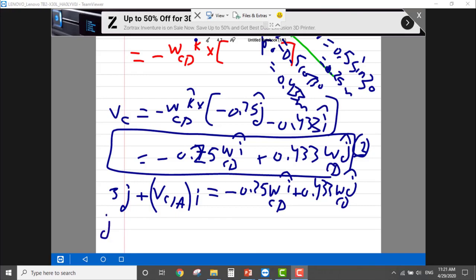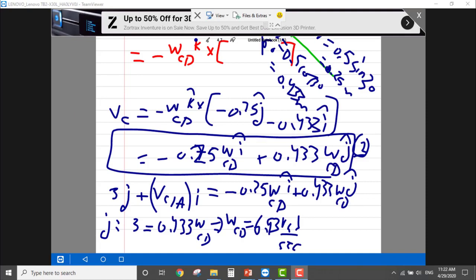In the J direction, on the left side we have 3, and on the right side we have 0.433 omega CD. So omega CD is 3 divided by 0.433, which is 6.93, and it's a positive quantity, so our assumption is good.